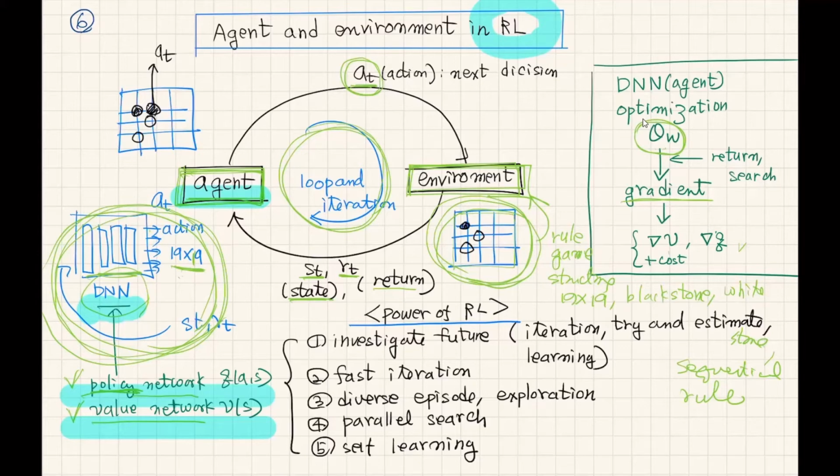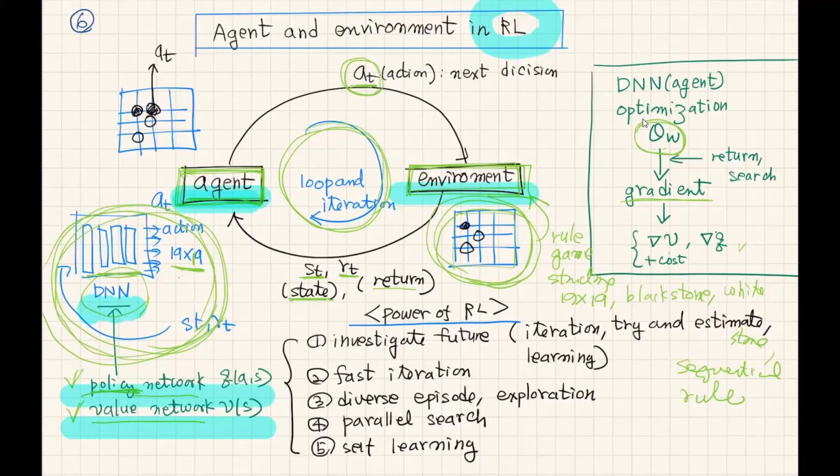So once again, in reinforcement learning, we have an agent who is making the decision. The second element is the environment, which defines the rules and the players and things like that. In a Go game, it could be a 19 by 19 array, black stones and white stones, game rules, and that kind of thing.